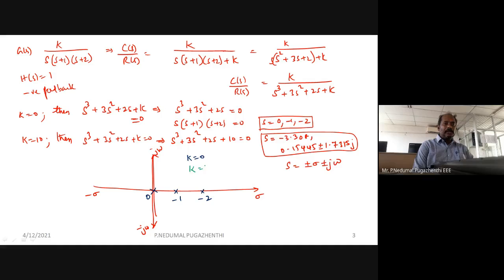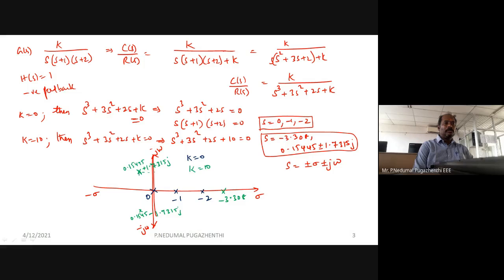If k is taken as 10, my roots have changed to S is equal to minus 3.308, and roots at 0.1545 plus 1.7315j, and 0.1545 minus 1.7315j. Now these are the roots.